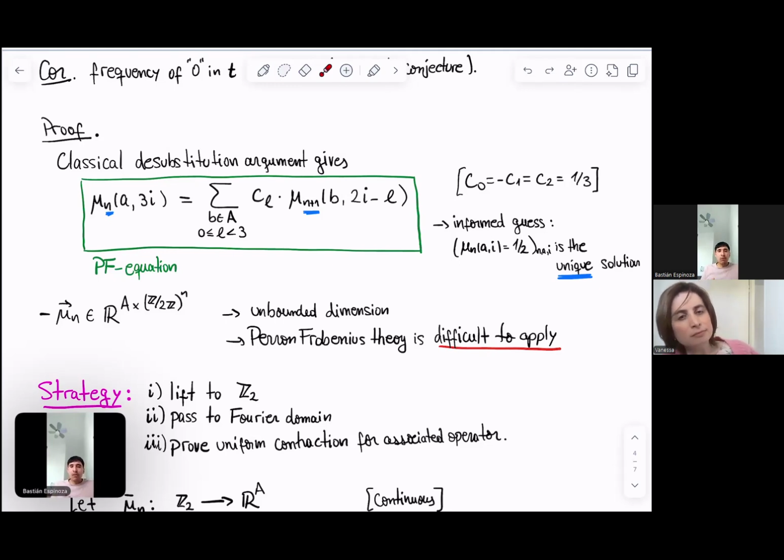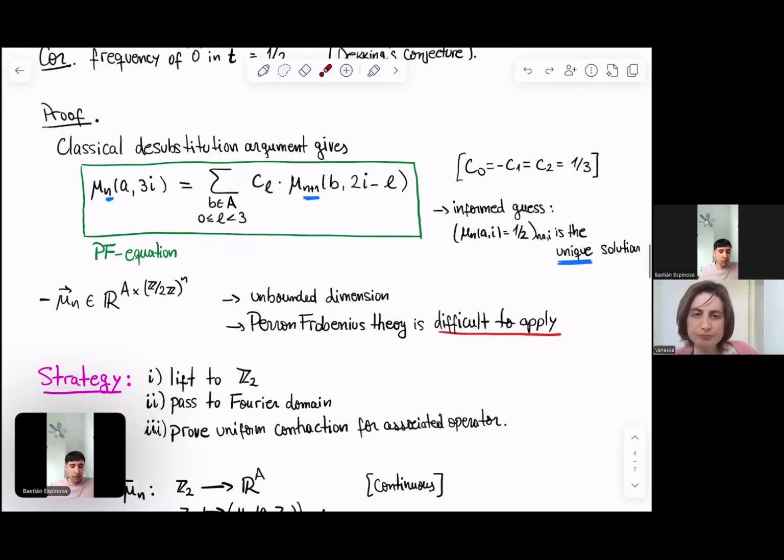In this case, we expect to observe the same phenomenon, but the situation is substantially more difficult because at each level, at each n, we have a possibly different vector. So in level n, we have a vector that has 2 to the n plus 1 coordinates. We have 2 coordinates for the letters, and then we need more coordinates for each residue class.